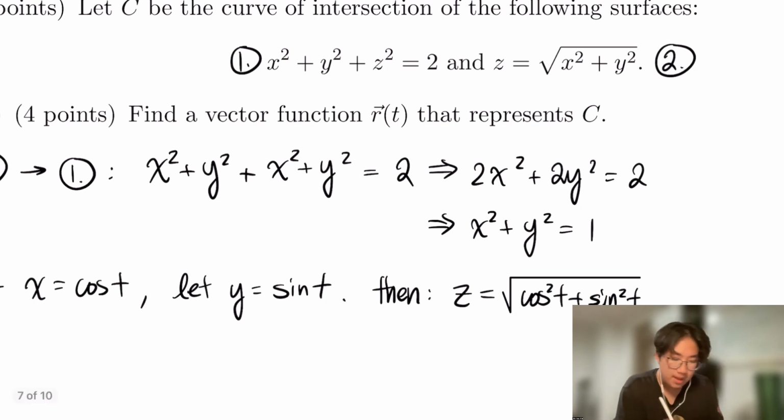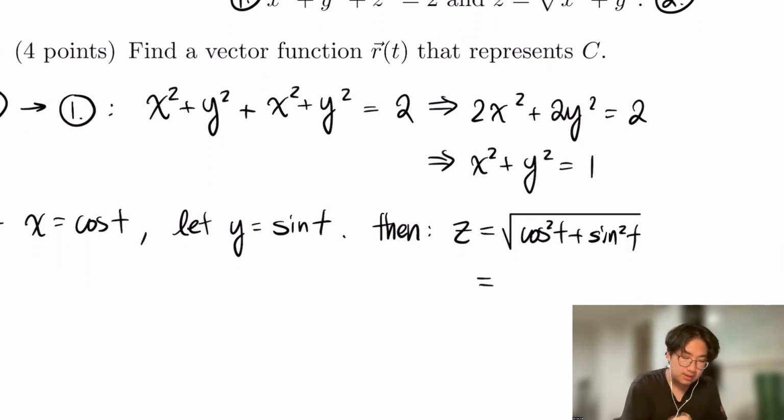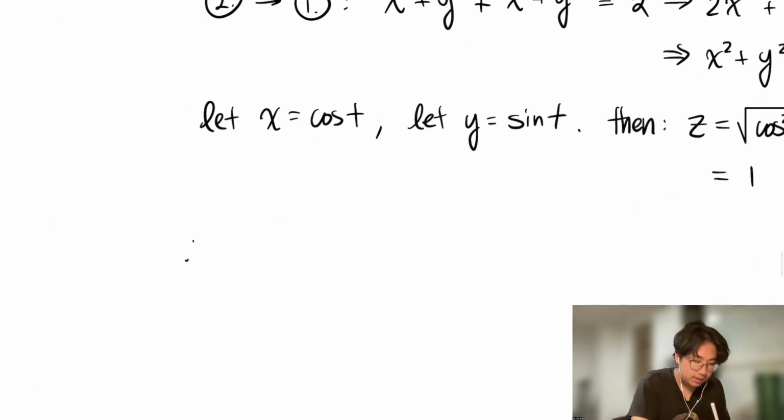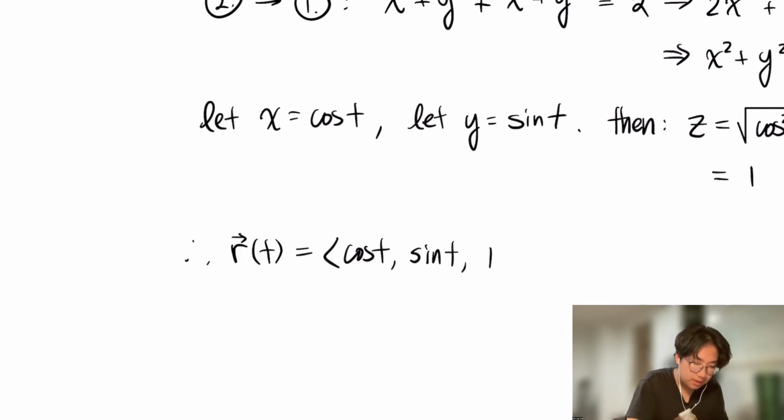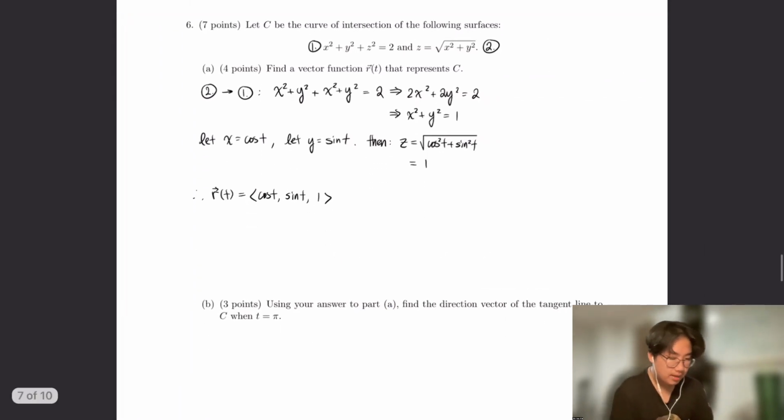Third time's a charm. Okay. And then obviously we know that the inside simplifies to 1. The square root of 1 is just 1. And then here you can say, therefore, your vector function, r of t, is equal to cos of t, sine of t, 1, and then just like that.